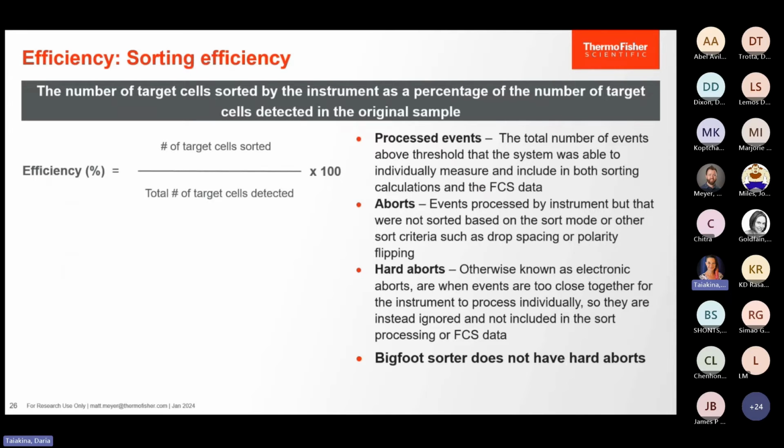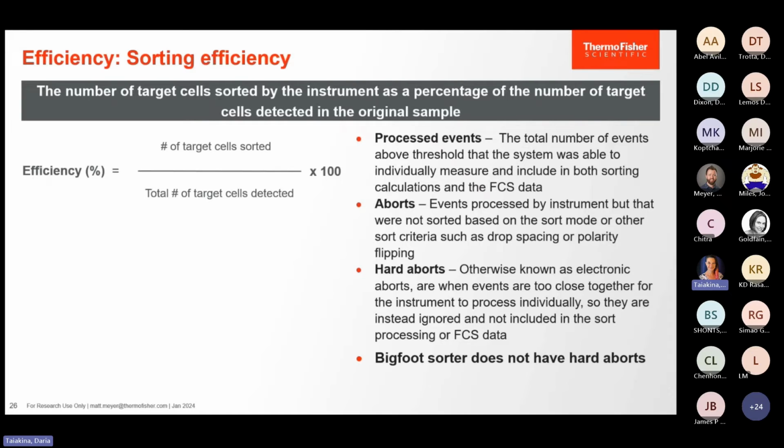There's also something called a hard abort, and that is when a system sees an event that is too close together for the instrument to process, and so it's going to ignore that.